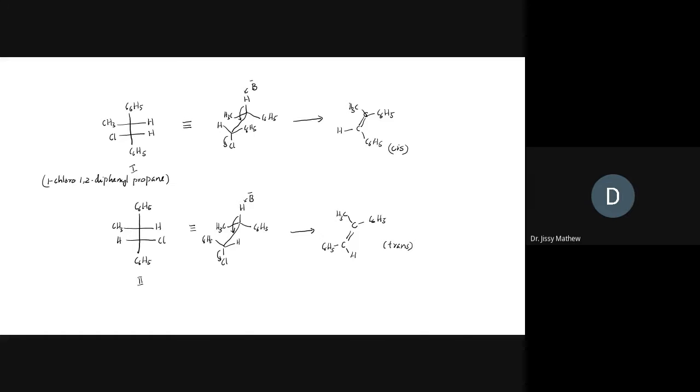There are 2 enantiomers, and the final product formed is 1,2-diphenyl-1-propene. So this is the stereochemistry of the E2 mechanism.